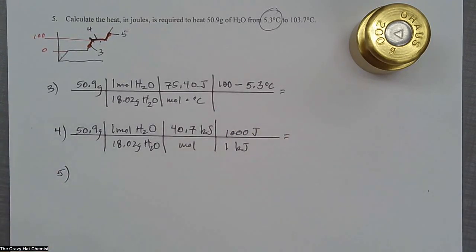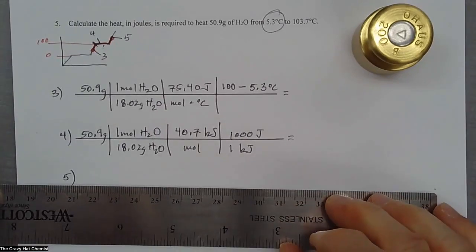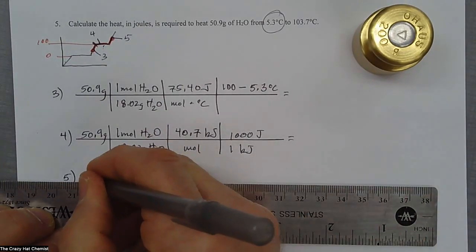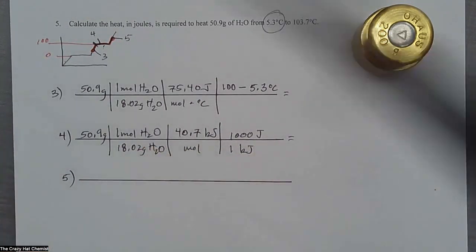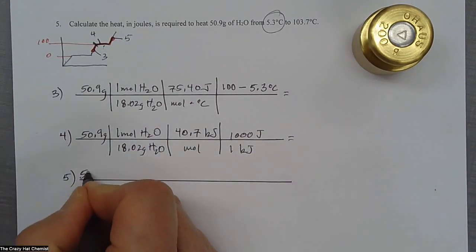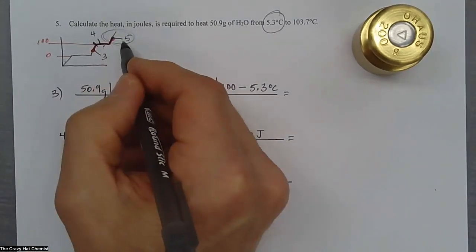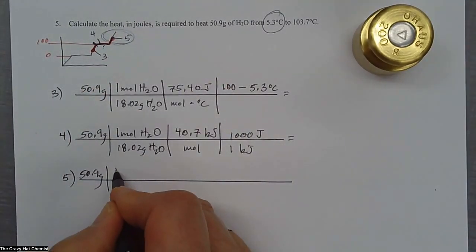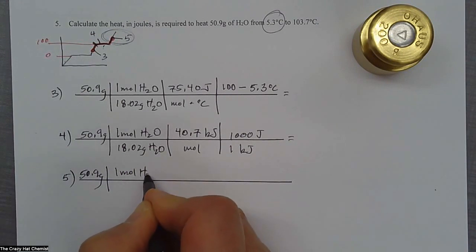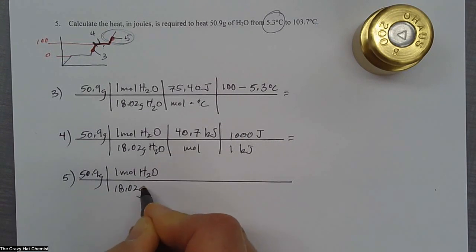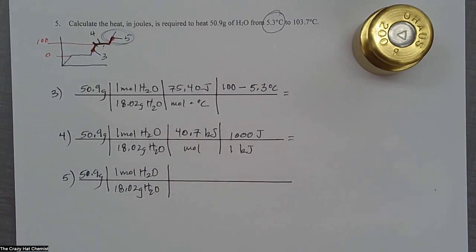Then we have one more step. This is going to be step number 5. It's going to be the same 50.9 grams. And we are using step number 5, that's right up here. 1 mole of H2O and our 18.02 grams. That's the molar mass of water. And then we are going to be using the constant for steam, the molar heat of steam.